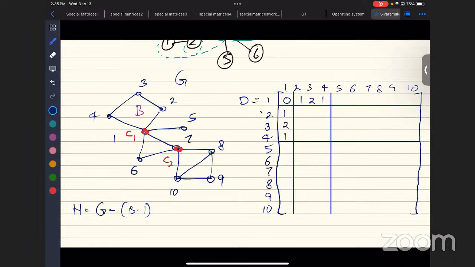So this part is what we are calling the AIs, A1, A2, A3. And similarly, the distance from that vertex to the other vertices of H. So 5 it is 1, 6 it is 1, 7 it is 1, 8 it is 2, 10 also it is 2, 9 it is 3. Is that right?